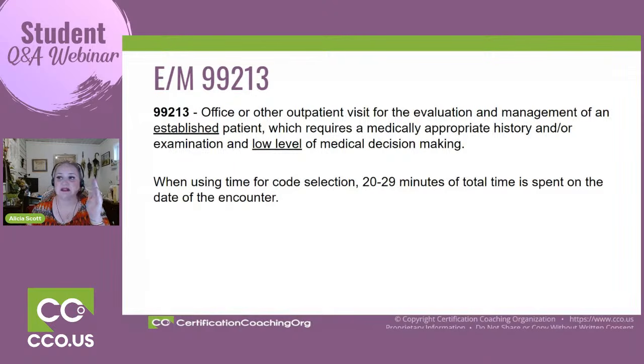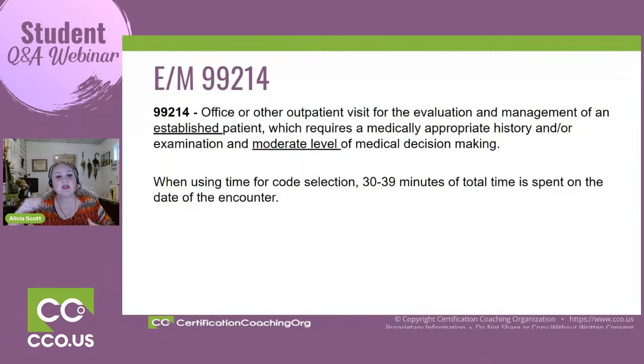And let's talk about then what's a 99214. Notice the description is exactly the same, verbatim, except for one component: moderate level of medical decision making. Still established patient. I go ahead and underline that established till you get used to it, till you memorize that 9921 is established, 9920 is a new patient, especially if the E&M code set is new to you. So we've got low medical decision making and moderate medical decision making.